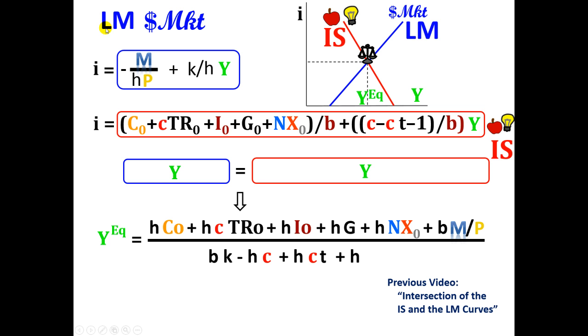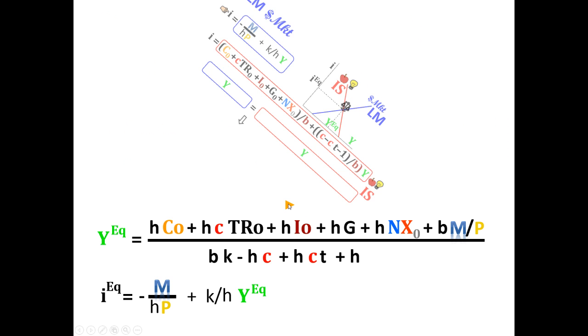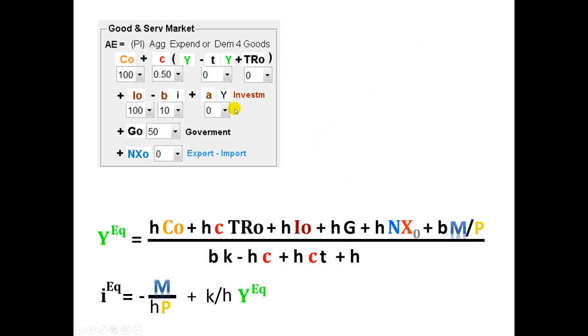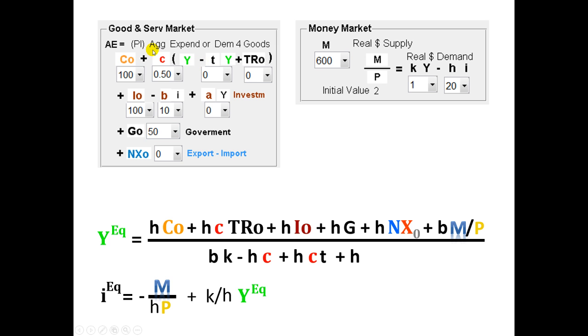Now we rewrite the LM curve, which is this one, and if we plug in this value here, what we get is the interest rate in equilibrium, which is this point. And in the same video we saw that if we plug in the information from the Goods and Services Market panel and from the Money Market panel, we use this and this here, and then we get here 8,000 and here 20.